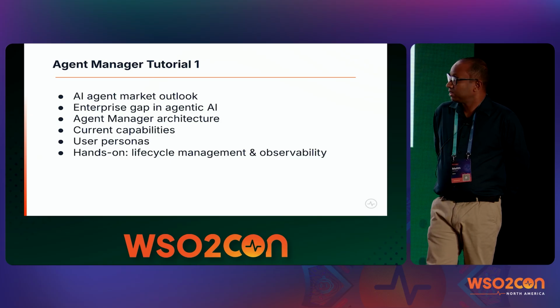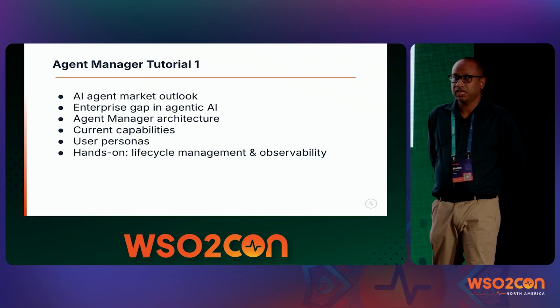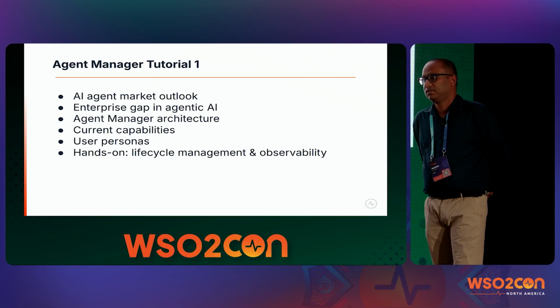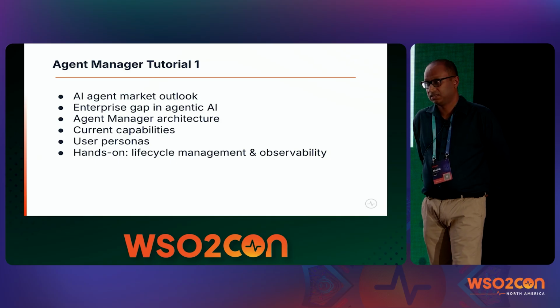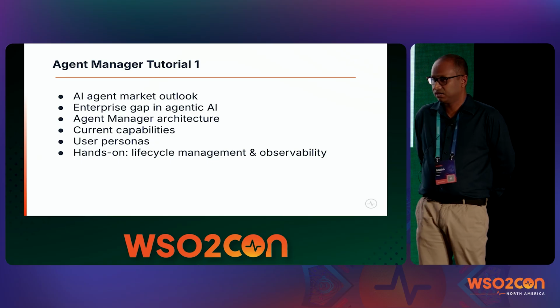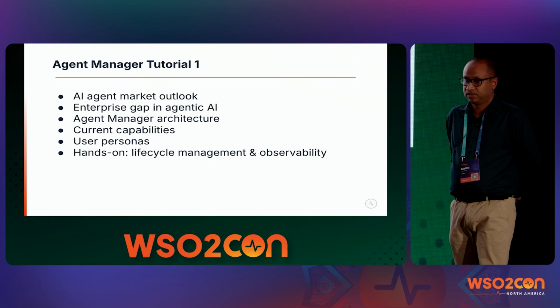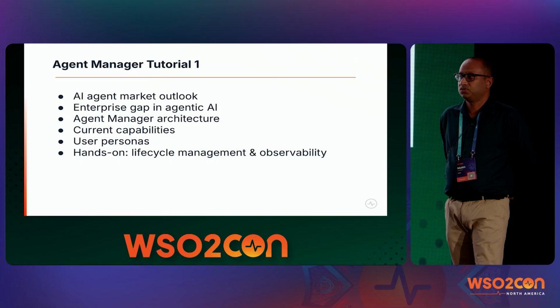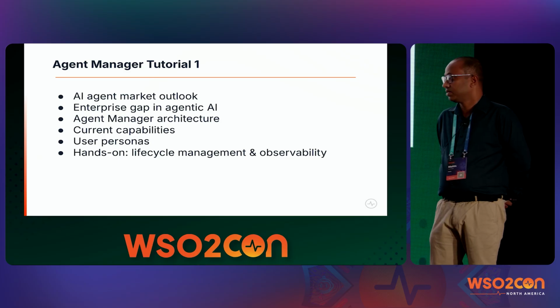So today, we have two labs, two tutorials. These are the things that we're going to cover on the first one, right? This is the first lab on WSO2 Agent Manager.